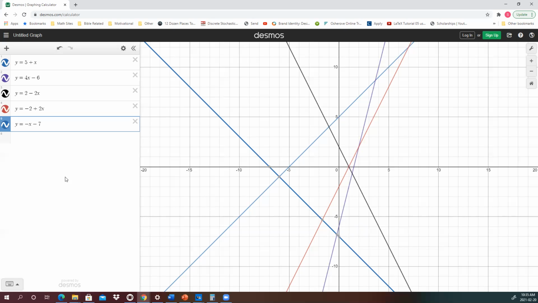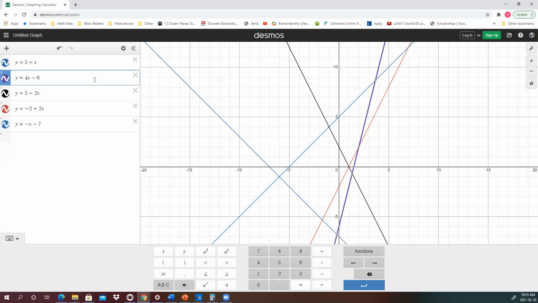For the other one, 4x minus 6, what did you get for your gradient? I'm not too sure. I didn't get 1, but let me work it back and see. What did you get for your y-intercept in the meantime?